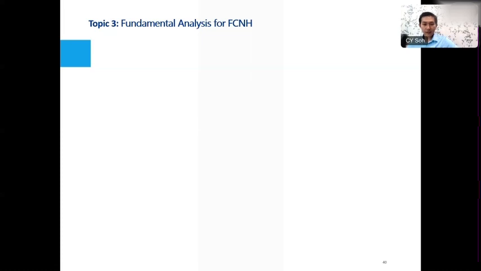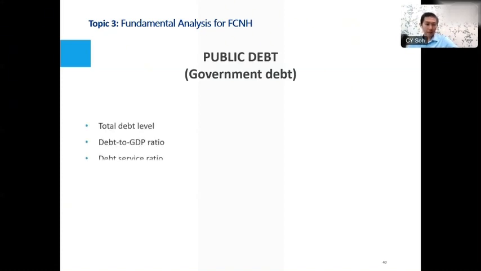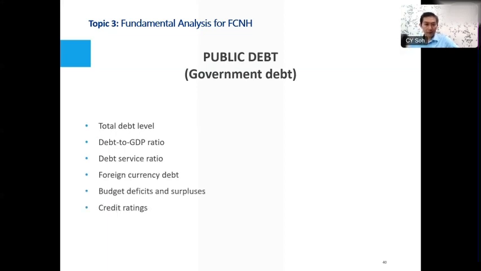And the last factor, of course, would be the public debt, in other words, the government debt. Analyzing government debt is complex because it involves considering various factors to understand the financial health and the sustainability of the government's fiscal position, and how the government is going to manage and administer the country.